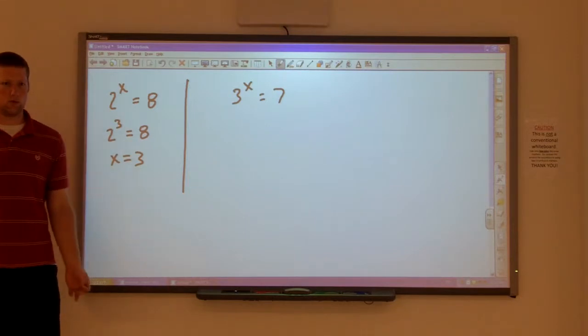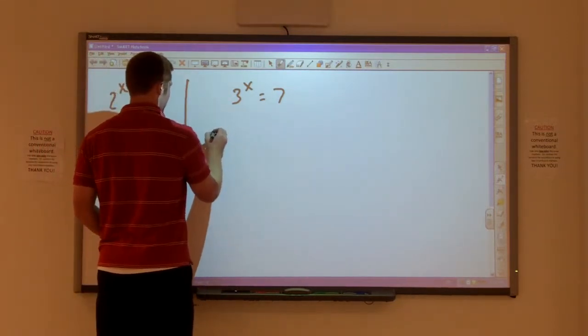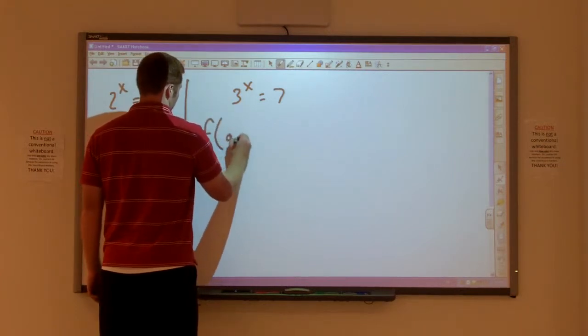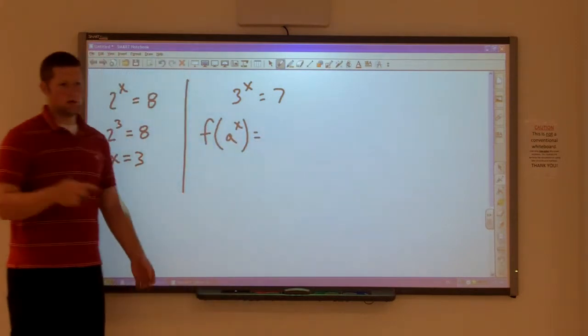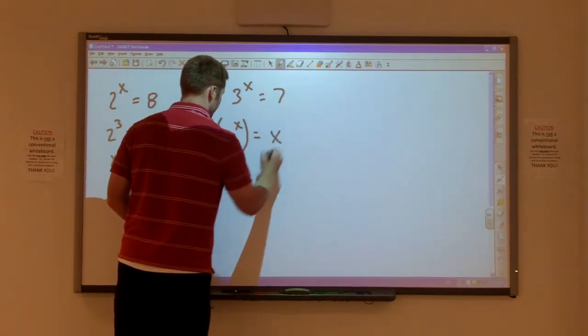We call those logarithms. Now recall from our last lecture that to find an inverse function, we need to find something such that if we plug our exponential a to the x into the inverse function, we will get back x.